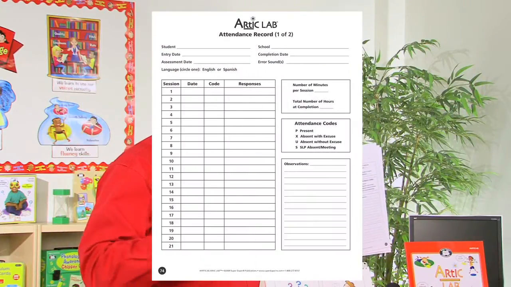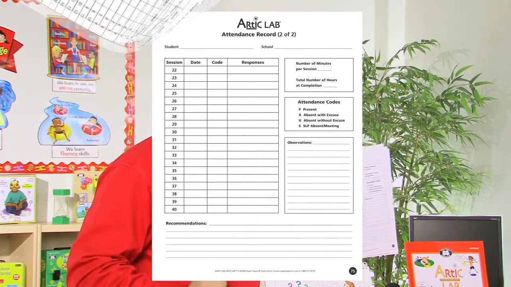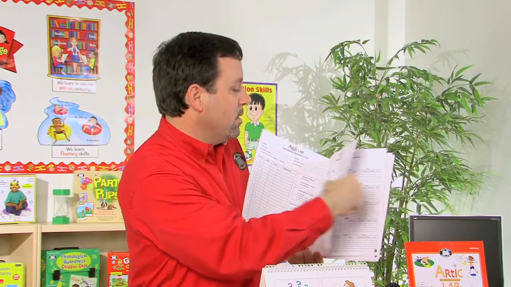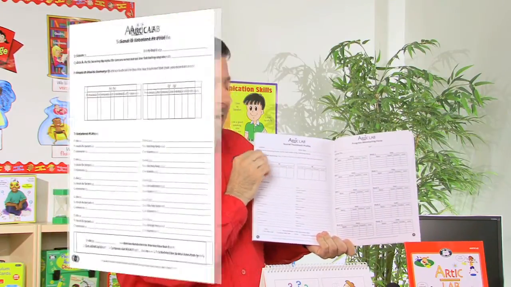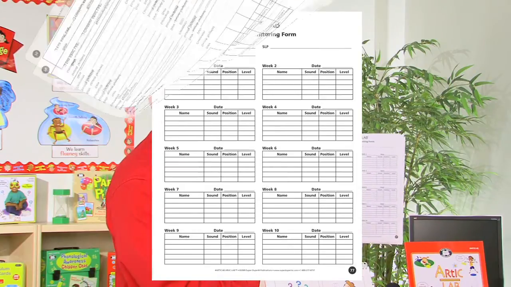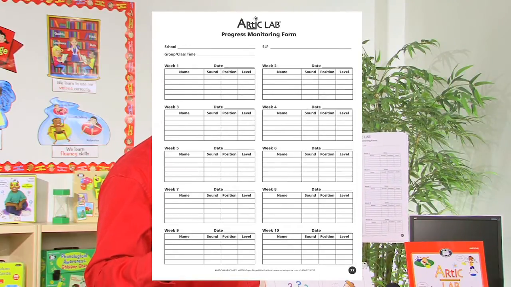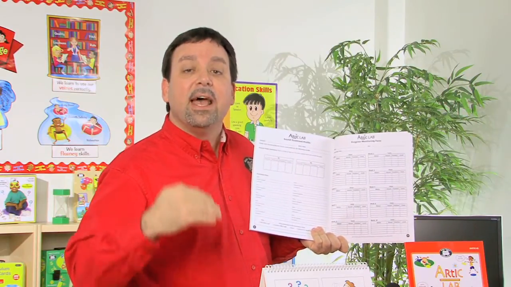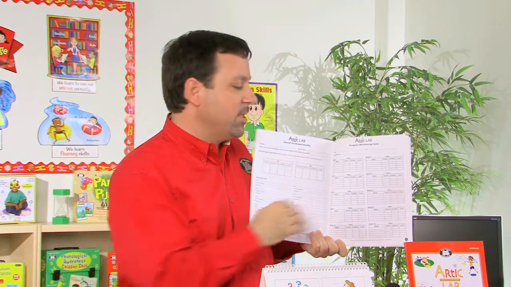This is just to keep track and keep data for all the students' attendance and their therapy sessions. Moving on, you'll see we have the sound treatment profile, and we also have a progress monitoring form so that we can keep that current data in one handy place so we can note the differences and the success rate from session to session.